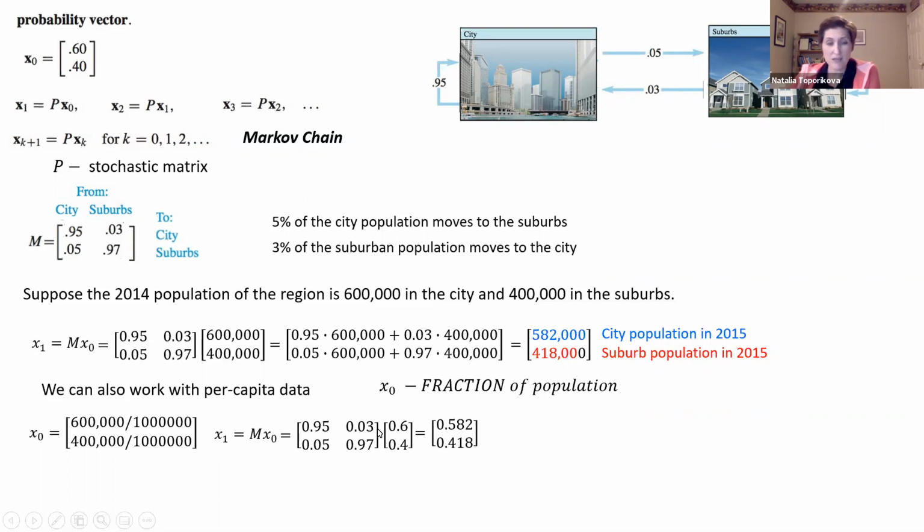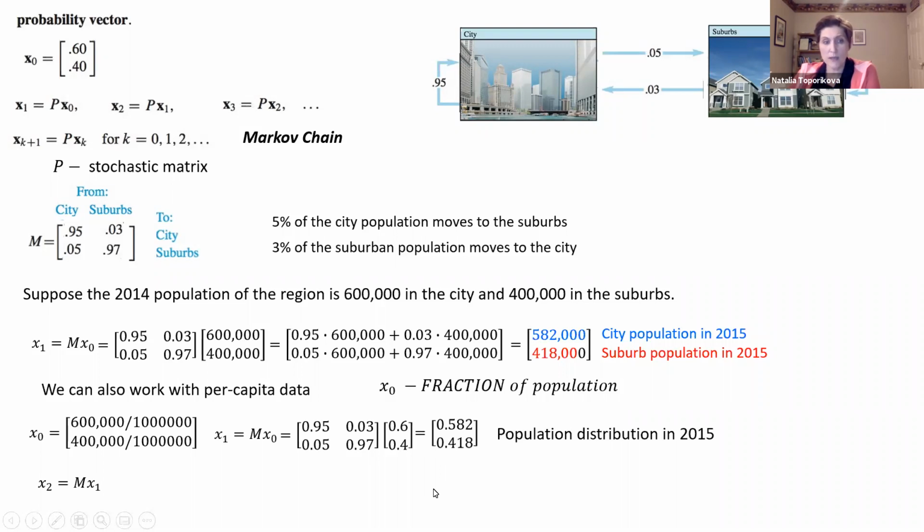And again, when we multiply, the multiplication is much easier, and we get a vector X1, which consists of two fractions. The first of which represents the fraction of the population living in the city. The second is the fraction of the population living in the suburbs.